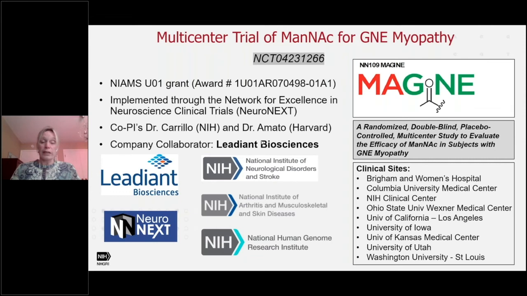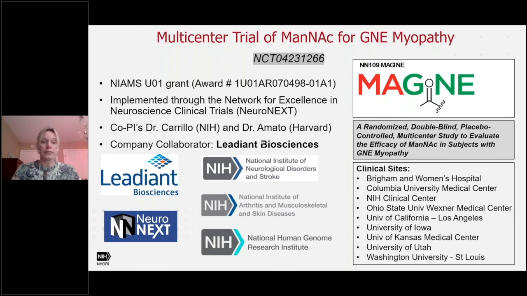So this trial was planned to start enrollment in the spring of this year. However, due to the COVID pandemic, it was not safe to admit patients or to enroll patients to this study.